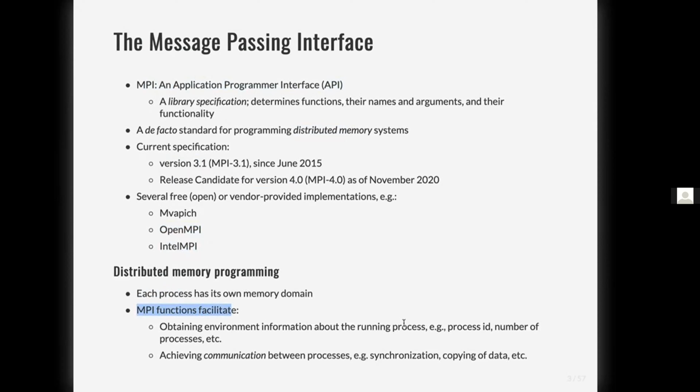For example, what is the unique identifier of the process that is running? How many are the total number of processes in the pool of processes that are running, etc. But more importantly, what MPI does is achieve communication between processes, which means either synchronization or copying of data between these distinct memory domains.